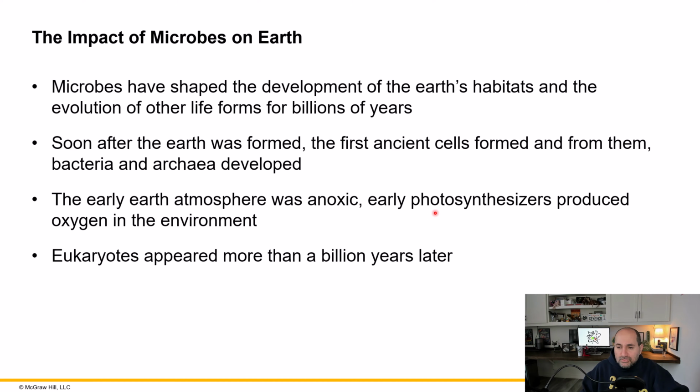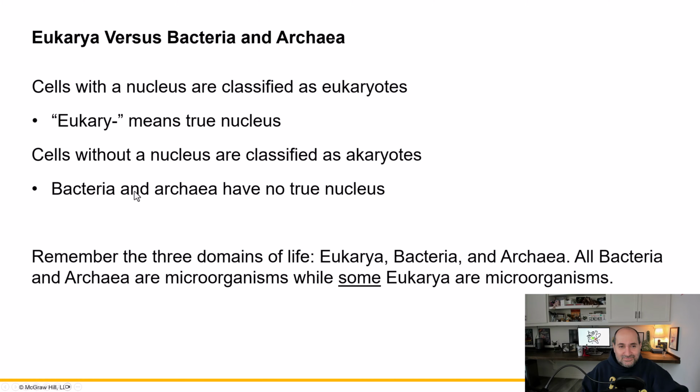And it was those early prokaryotic photosynthesizers that produced oxygen in the environment. Isn't that interesting? Again, remember, there are two main types of cells that organisms consist of: eukaryotic cells and prokaryotic cells, sometimes referred to as akaryotic cells, A meaning the absence of.